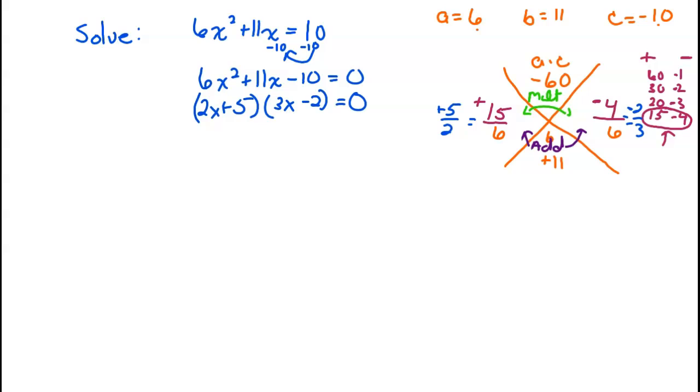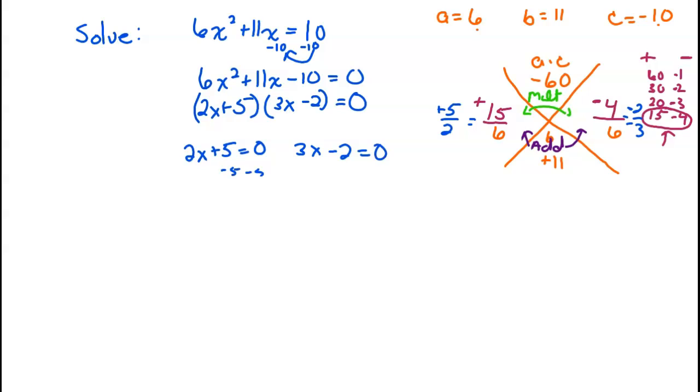And you can always check yourself by multiplying these back together. But in this case, I am now going to set each factor, 2x plus 5 equal to 0, and 3x minus 2 equal to 0.